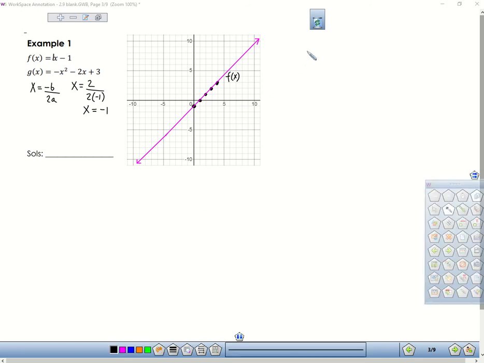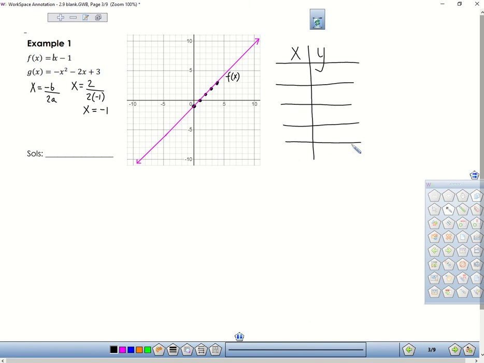So, once you find the x-coordinate of the vertex, you make a table. In the middle of your table is where you put the x-coordinate of your vertex. You guys remember this? And then what do I do with that x-coordinate of my vertex? Yeah, I have to plug it into the equation.